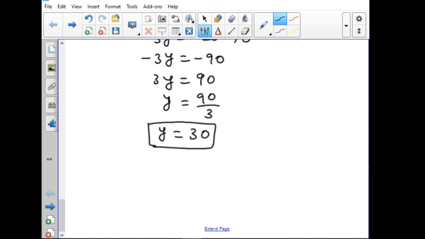Now we have got the x, y and z values. Therefore, x equal to 35, y equal to 30 and z equal to 25. Now we have got the 3 solutions for the 3 equations, x, y and z. X equal to 35, y equal to 30 and z equal to 25.